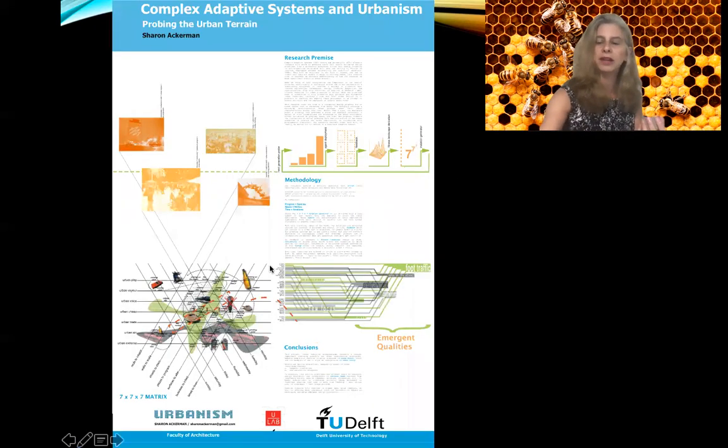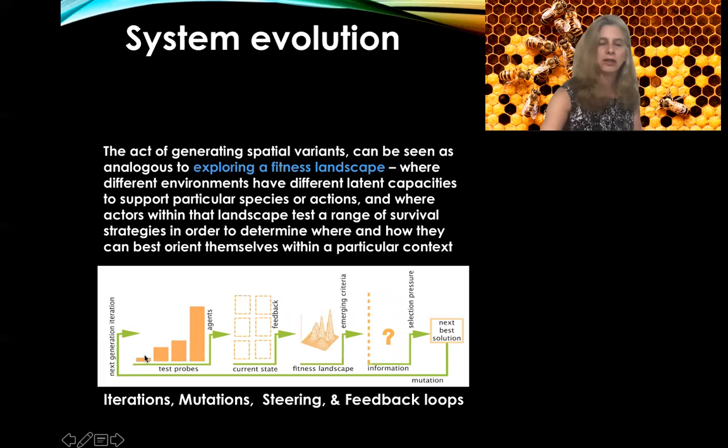And so basically, sorry, go back one. Each of the intersections of that matrix is a test probe of a particular activity. And from that test probe, we get feedback, right? We find out, oh, lots of people showed up or no one showed up. This tells us something about the underlying fitness landscape of downtown Winnipeg.